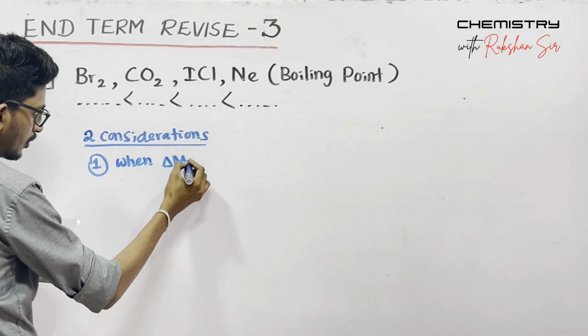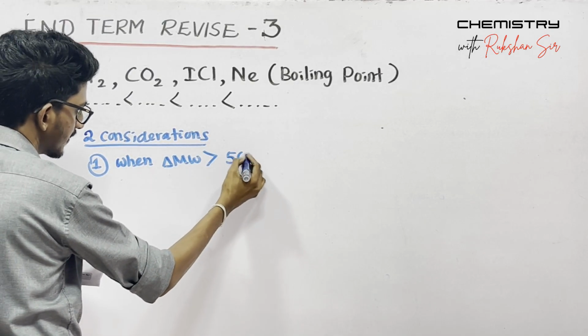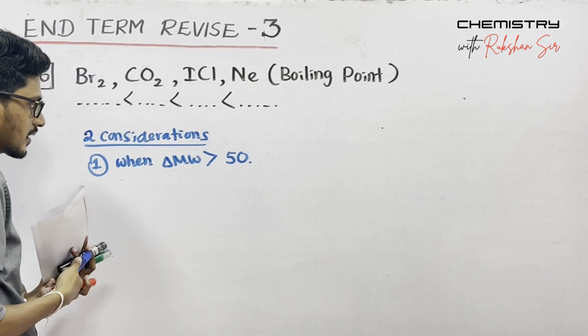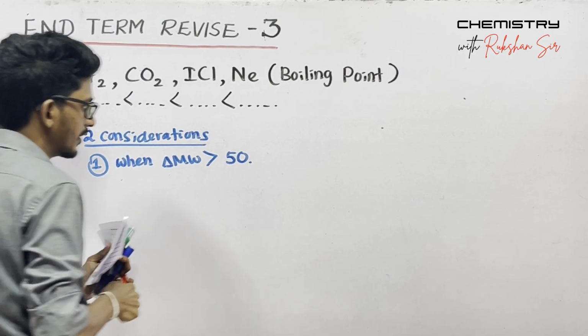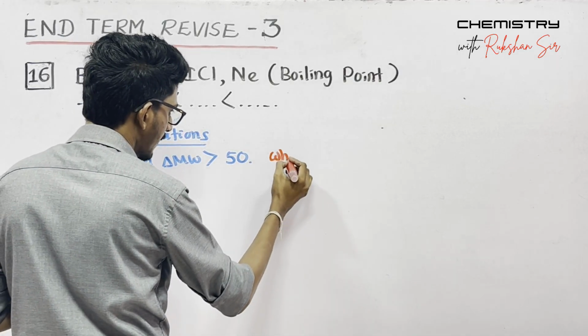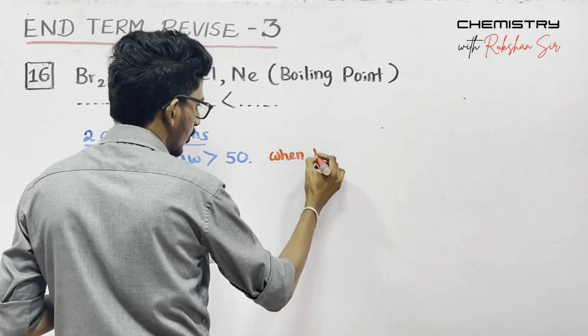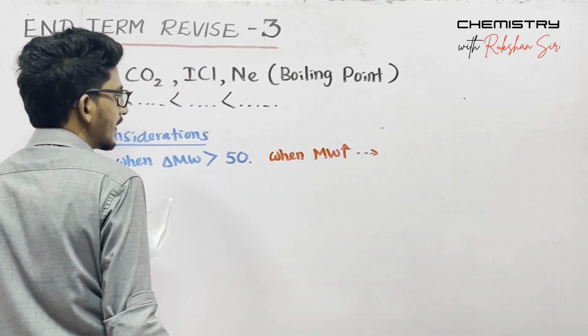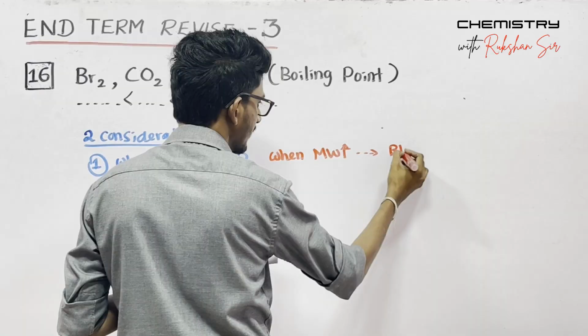When delta MW is greater than 50, what we know is when molecular weight increases, boiling point increases.